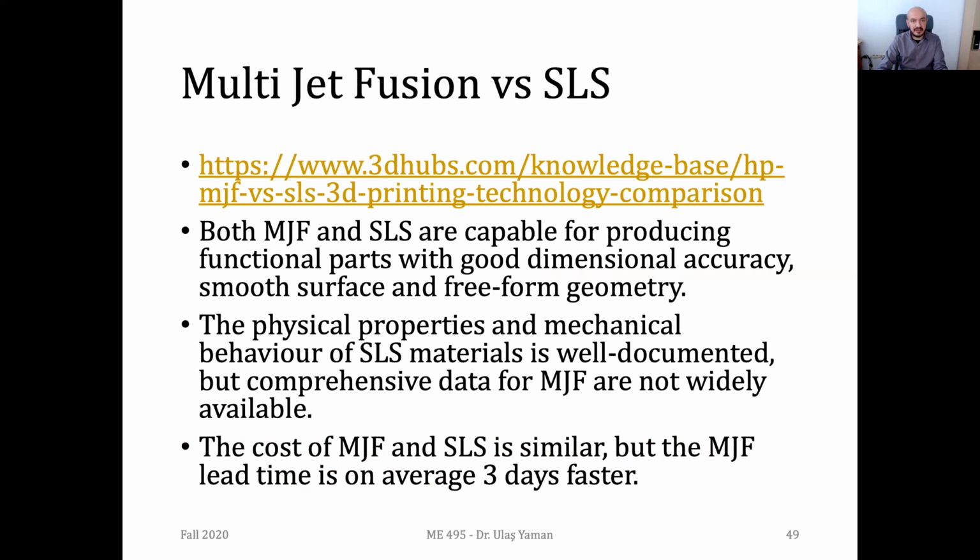Now I will show you a somewhat different process, similar to jetting processes. It's from HP, and it is called the multi-jet fusion process. Now in this slide, we will simply compare this process together. Now I will switch to this website first.